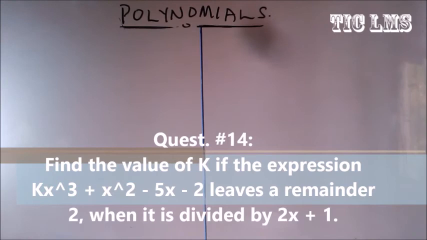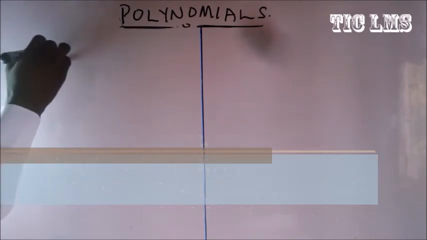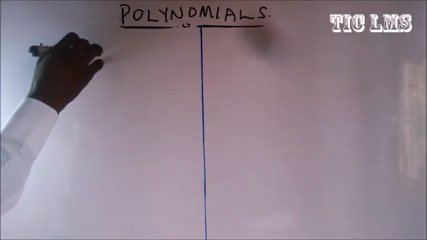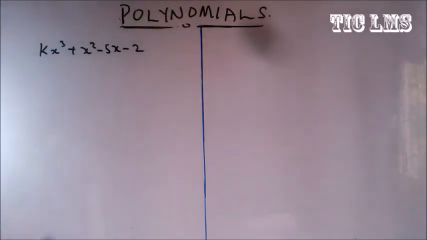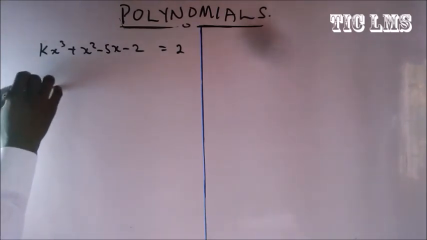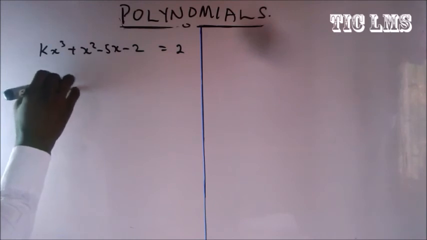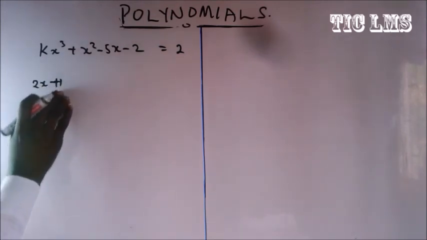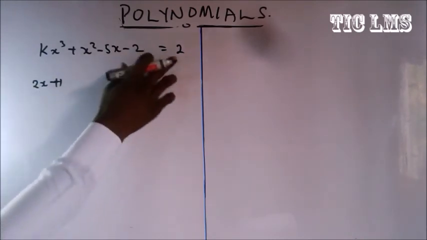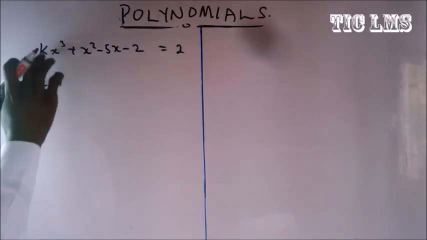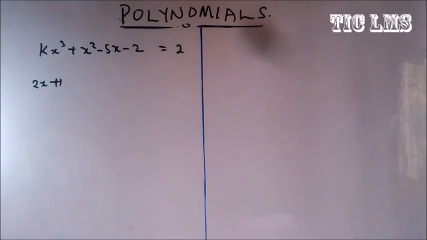Here we have the expression kx raised to power 3 plus x squared minus 5x minus 2, and it leaves a remainder of 2 when it is divided by 2x plus 1. So we are saying that 2x plus 1 is one of the factors, but this factor has a remainder. That is, when it divides this expression, we have a remainder of 2.